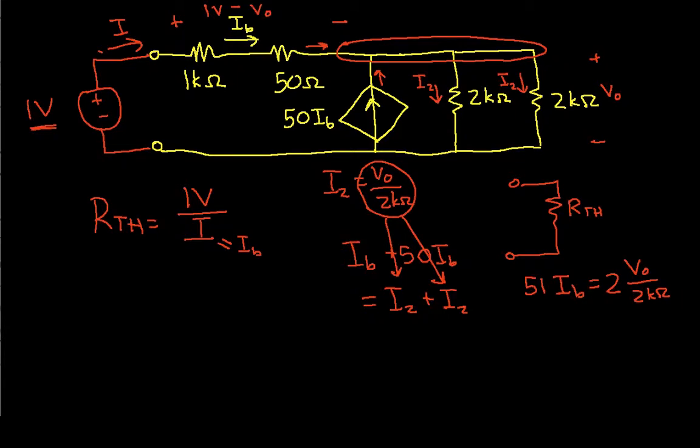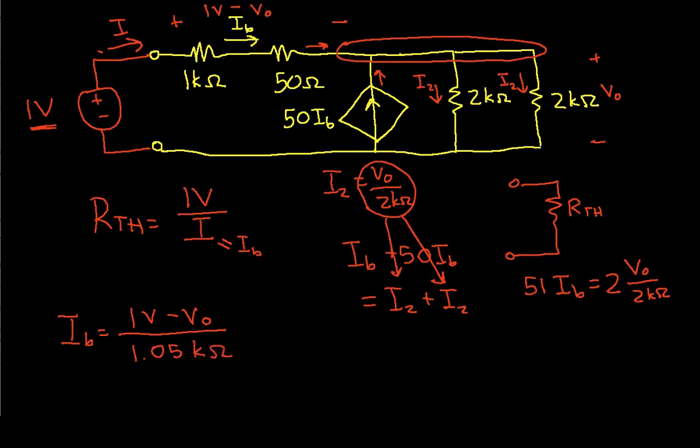So we have then I sub B is equal to 1 volt minus V0 over 1 k ohm plus 50 ohms, which is 1.05 k ohms.